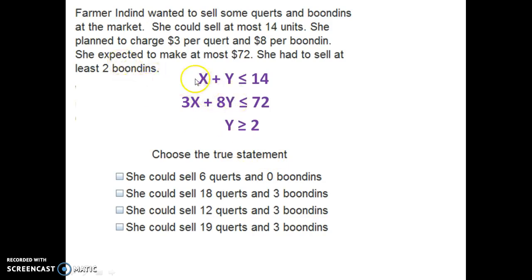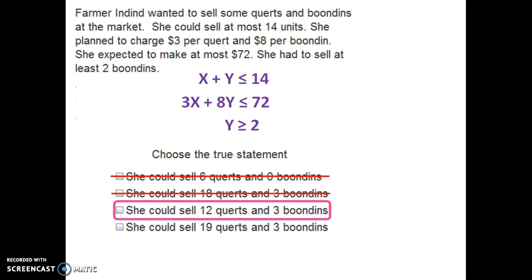What about 18 and 3? So if we have 18 and 3, 18 plus 3, notice that 18 plus 3 is 21, and that is not less than or equal to 14, so that doesn't work either.